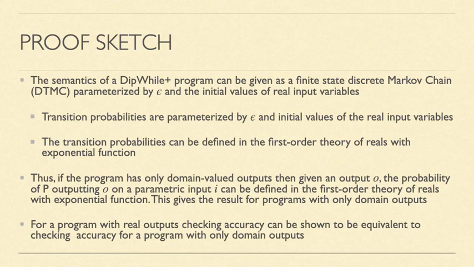This gives the result for programs with only domain outputs. For programs with real output variables, what we can show is that verifying accuracy for such programs is equivalent to checking accuracy for a different program with only domain output variables.